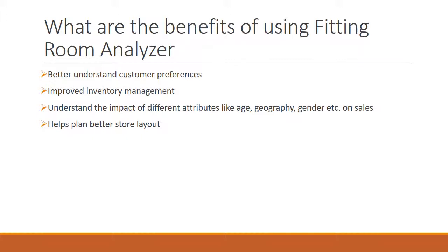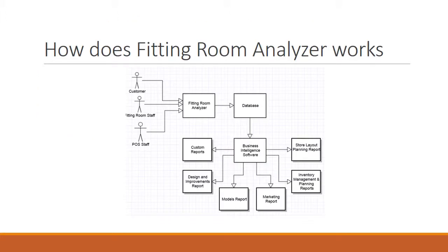Now into the flow chart to show how the Fitting Room Analyzer works. Our Fitting Room Analyzer has three kinds of users. One is the customer, another is the fitting room staff, and then the POS staff.